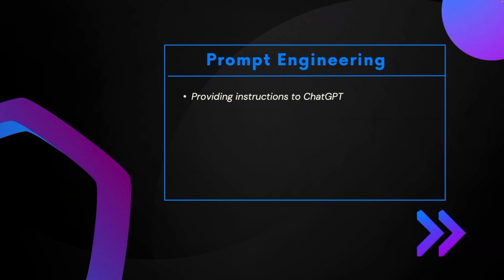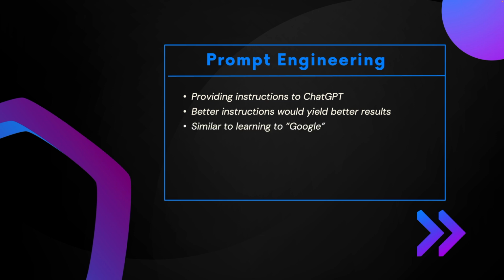Prompt engineering is a way to provide instruction to the ChatGPT model. Particularly, a better instruction to the model would result in better results. Learning to craft better prompts is similar to learning to Google. If you write good search queries to Google, you are going to get better results. In the same way, if you write good prompts to the model, you're going to get better results.